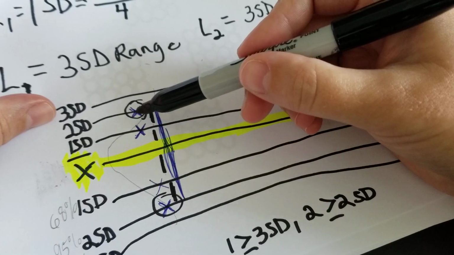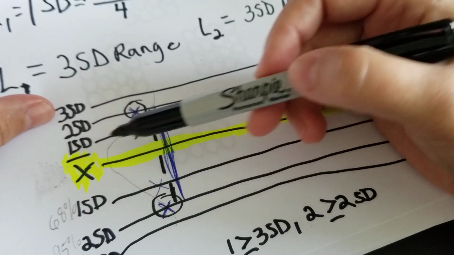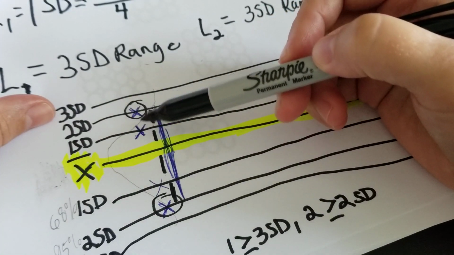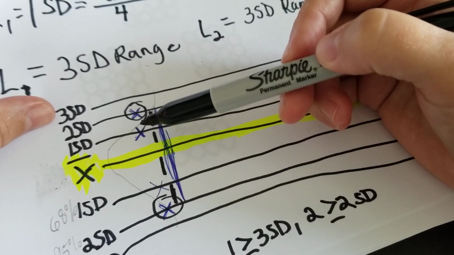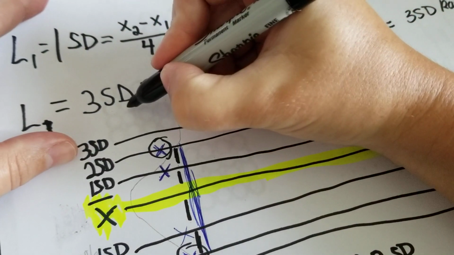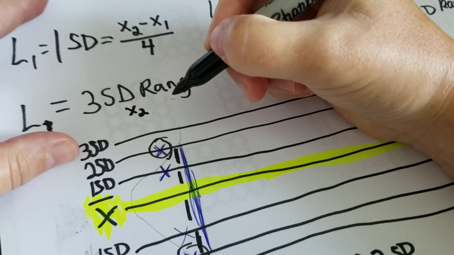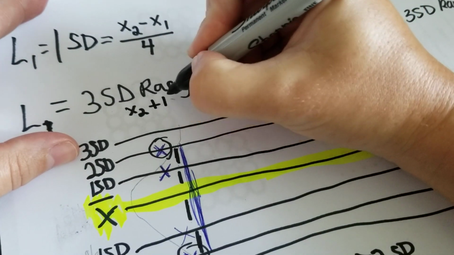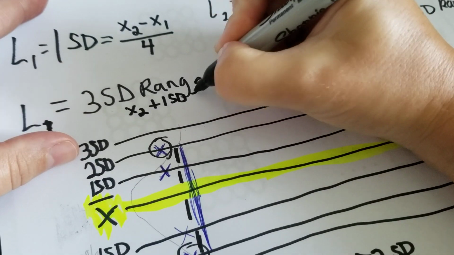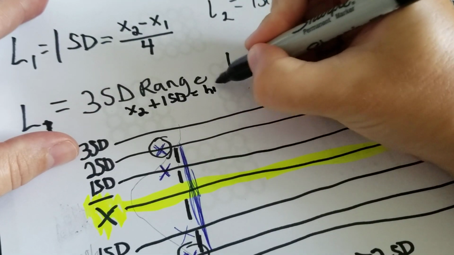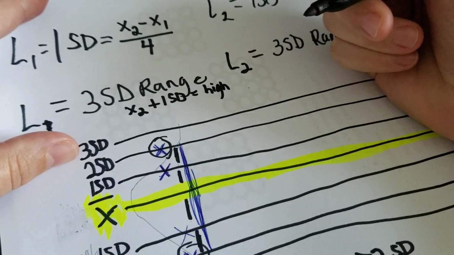And now we're also going to know what the space is between each of these lines. So in order to figure this range out, we'll do x2 plus 1 SD. That's going to equal the higher side, right?